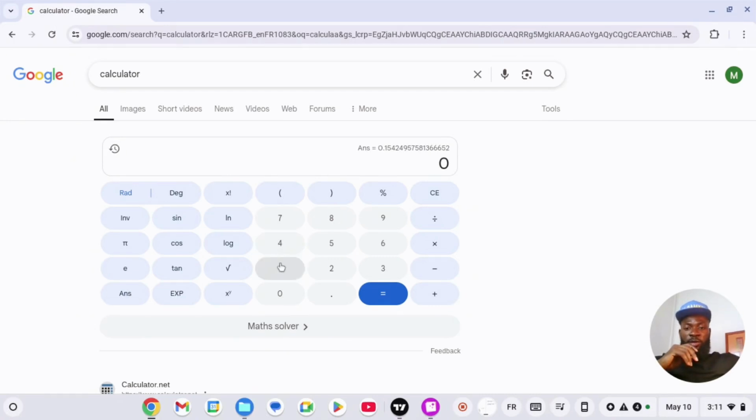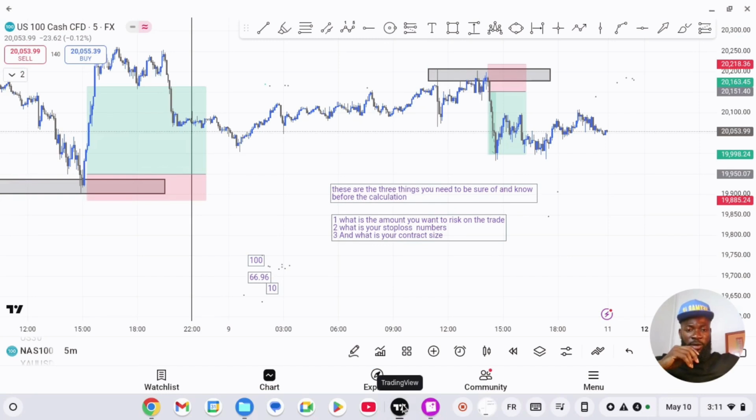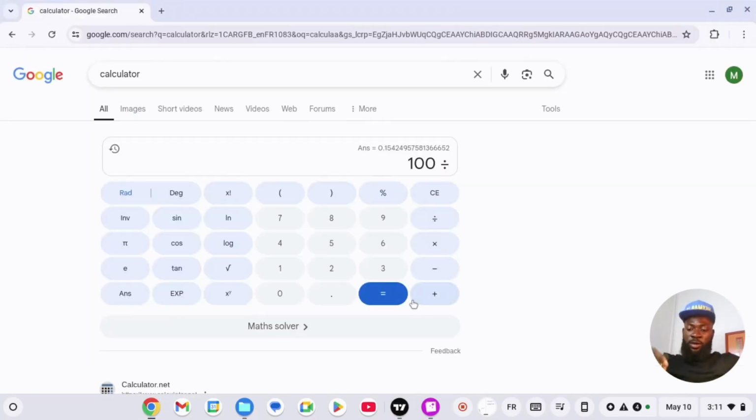Now let's say 100, which is the amount we are willing to risk on the trade, divided by 66.96, equals, now we also divide it by 10, which is our contract size, equals 0.14.